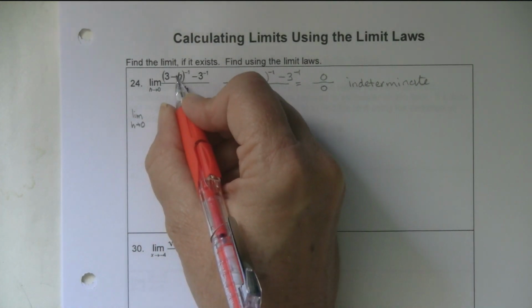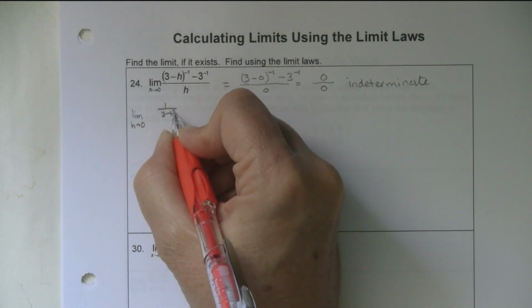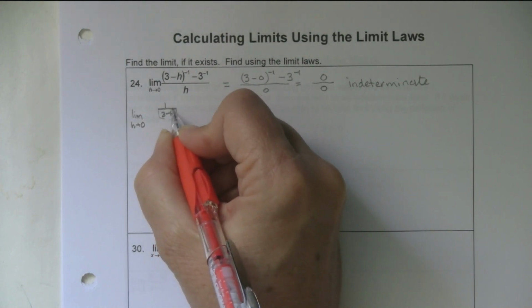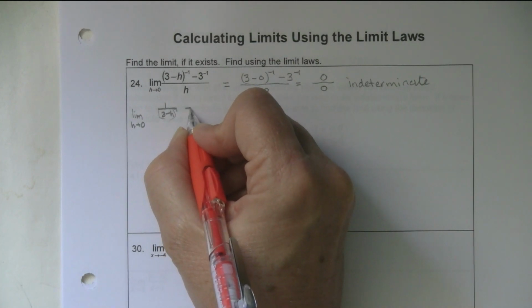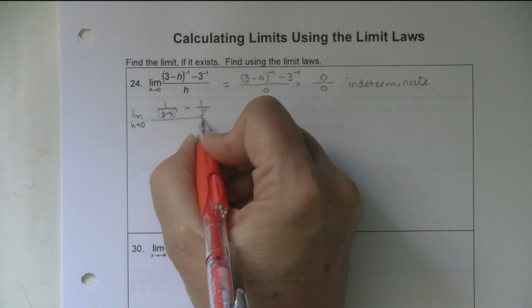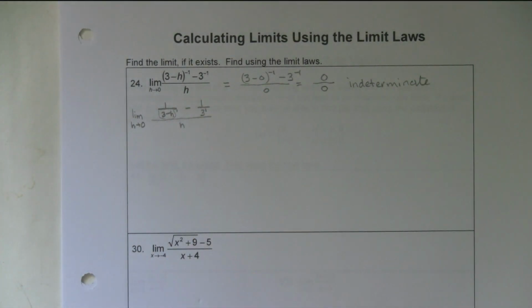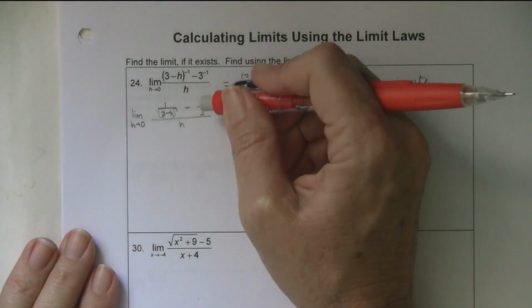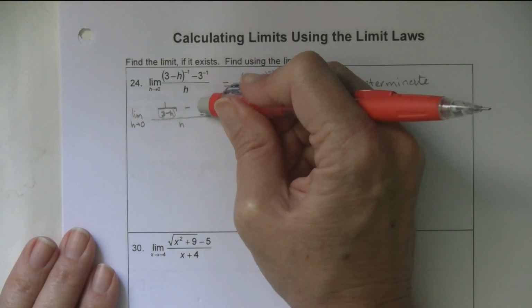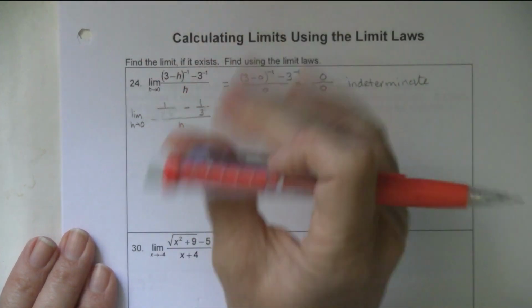And I'm going to write this as a fraction: 1 over 3 minus h, but I wouldn't have to write the raised to the 1, minus 1 over 3 raised to the 1, all over h. And I am going to erase the raised to the 1 because it's not necessary, and it starts to confuse everyone because it's kind of small there. I'm going to erase that.